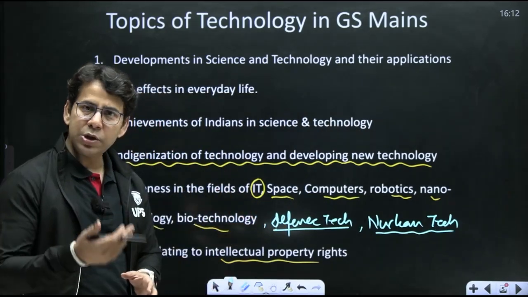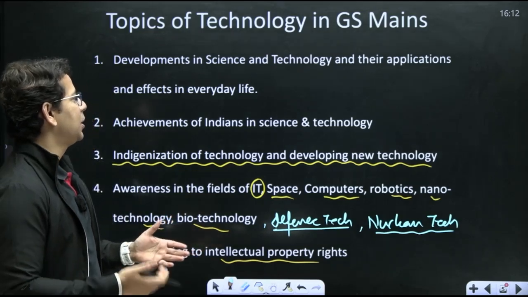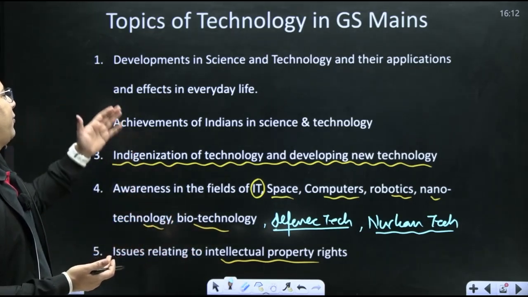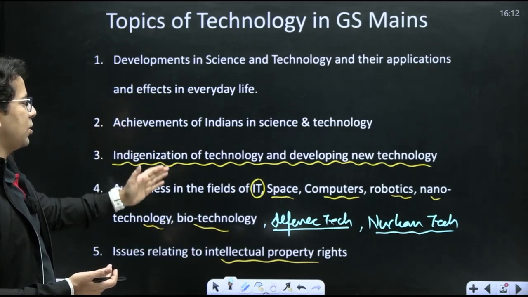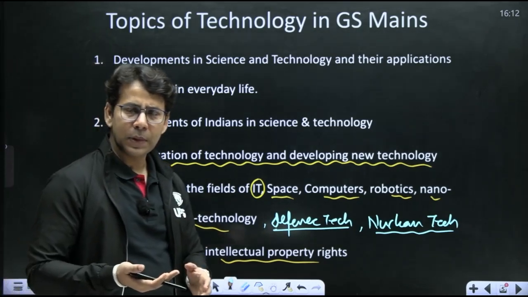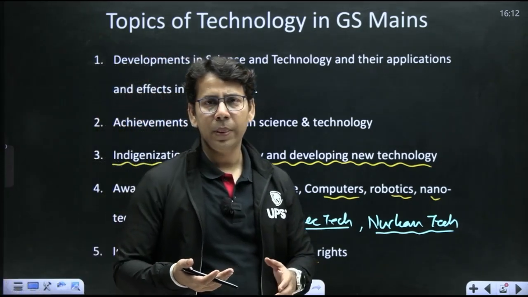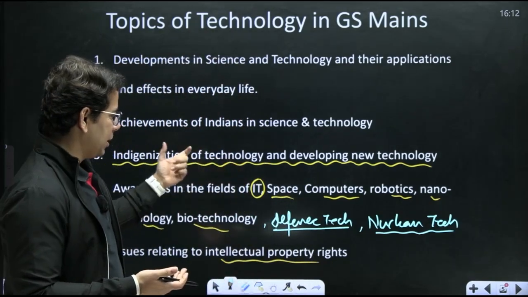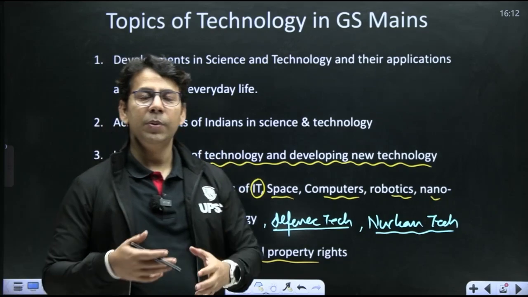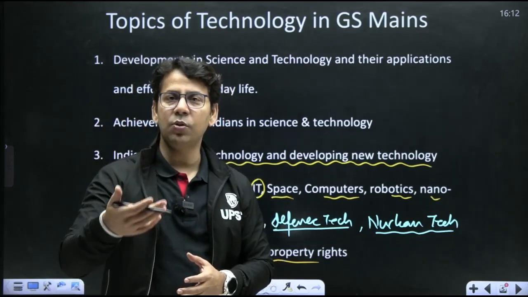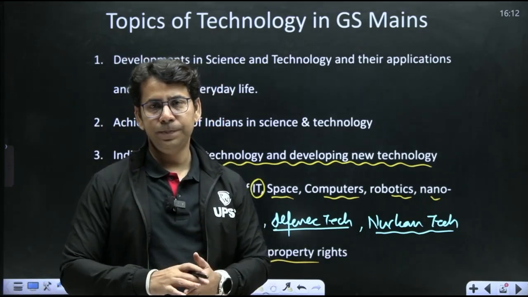Although it's not mentioned in the syllabus, when they write about effects in everyday life, and when they talk about indigenization of technology, these things are bound to come up. So all these chapters which are mentioned are very important, but defense technology and nuclear technology, because of the recent advancements which are going on, we need to cover, right?